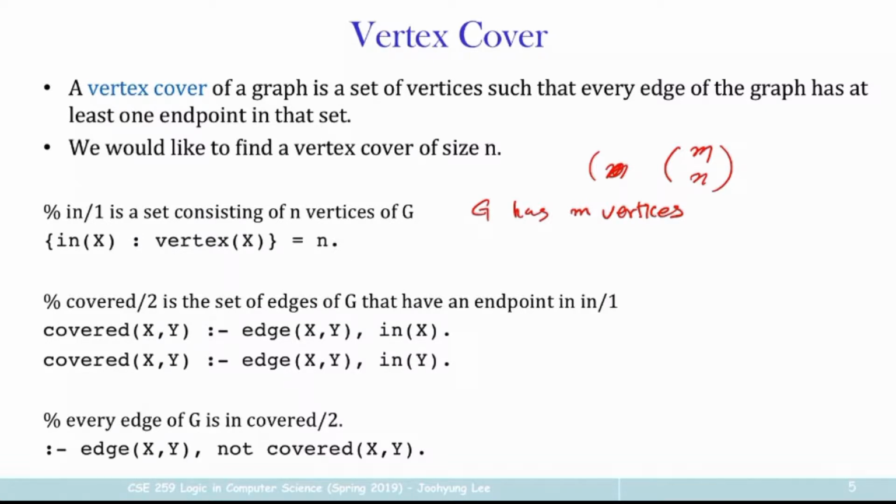We generate possible solutions, and we define the concept of covered, and using this concept, we prune out all bad solutions so that the remaining stable models will be the solutions to the original problem. It's actually a one-to-one correspondence. Each stable model will encode a solution to the vertex cover problem. Any question about these rules?